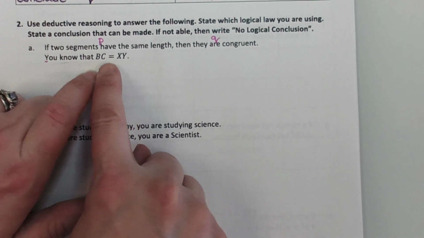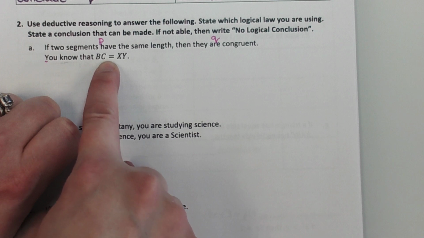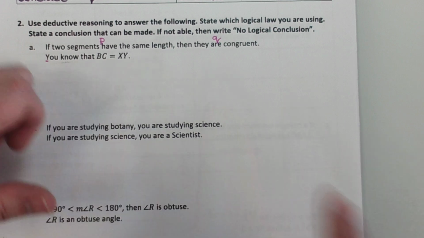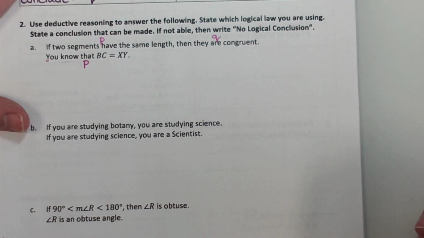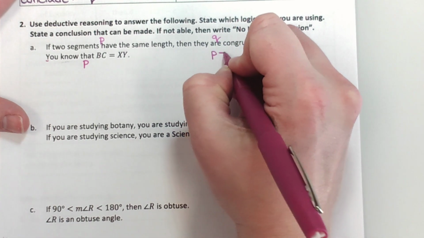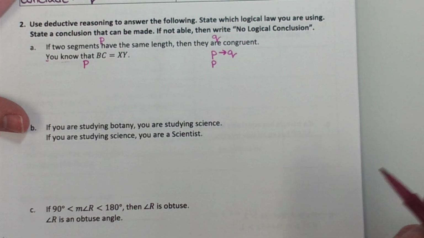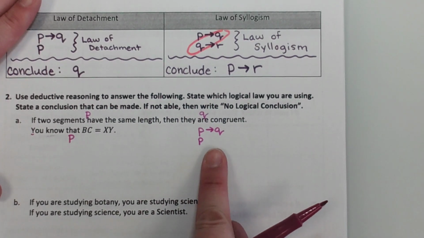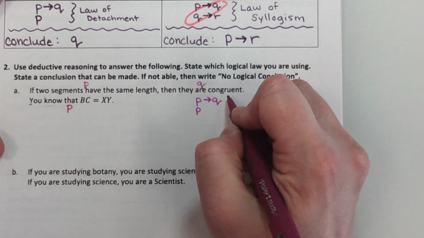Yes. If they are equal, do they have the same length? Yes, that's what that means. So that means this matches P. That means the setup I have says if P then Q, P. Is that setup either of these laws? Yeah, it's the law of detachment.